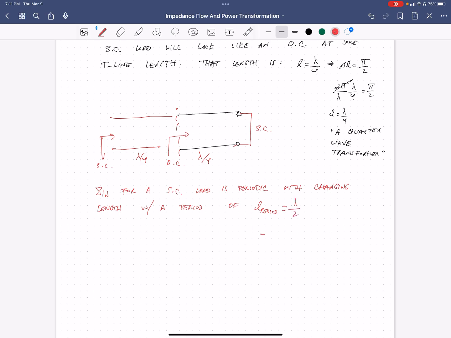Okay, so bank this, it will be important for the Smith chart. Smith chart lectures are coming up.